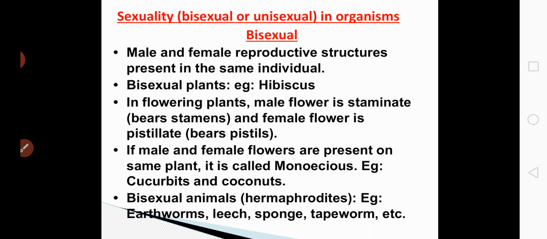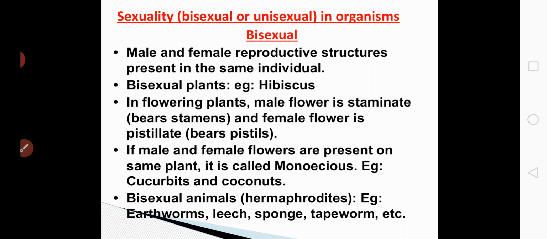The hibiscus flower contains both the male sex organ, the stamen, as well as the female sex organ, the pistil. So here both the sex organs are produced in the same structure, or same individual. Hence the condition is called bisexual.